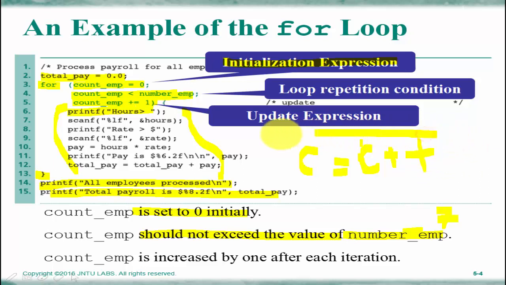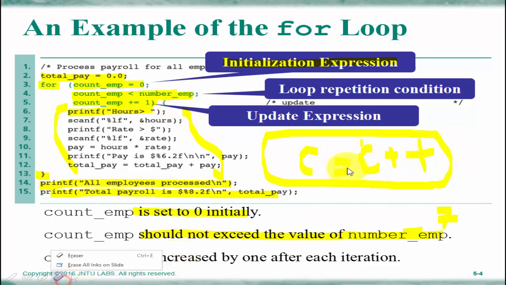There are two types of increment, post increment and pre increment, which we will discuss later. It should be like that. Or count of the employee equals count of the employee plus 1. Or you can write it like this also.